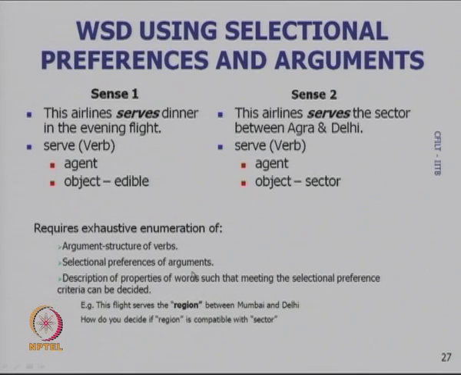Selectional preferences of arguments, which are typically nouns, can be obtained from the WordNet. Description of properties of words such that meeting the selectional preference criterion can be decided can be done by means of the VerbNet verb resource structure and the WordNet. So, this is the case.